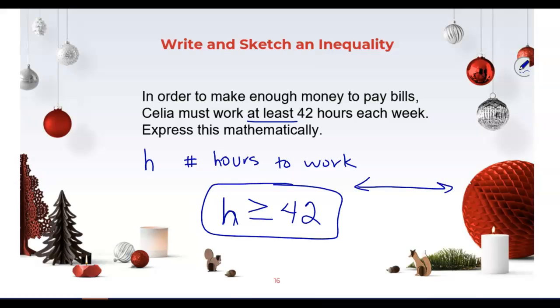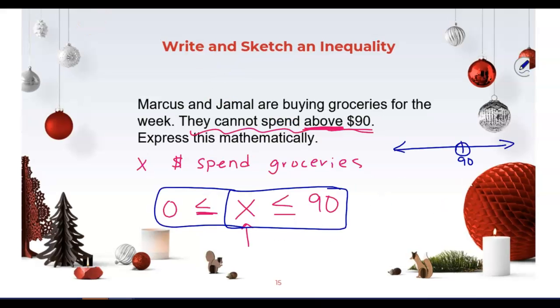I'm sorry, I forgot we were supposed to sketch this as well. So 42 is a solution of the scenario, as well as any amount of hours above 42. So that would be our number line. For that last one, I can't spend above 90 means I can spend 90, but not above it.